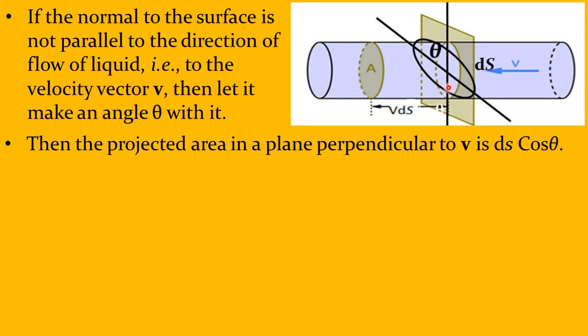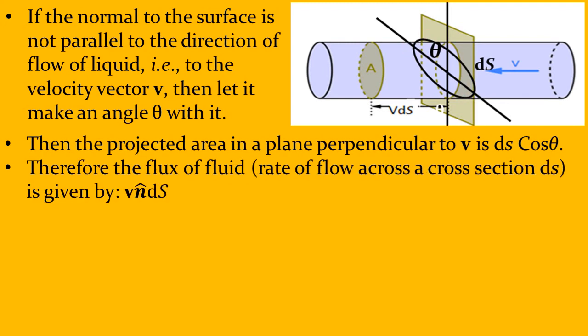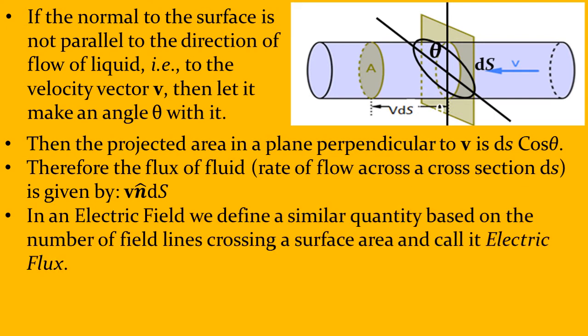So the volume which flows across this tilted aperture is v ds cos theta. Therefore, the flux of the fluid across this tilted cross section is given by v n hat ds. And what is n hat? N hat is a unit vector.